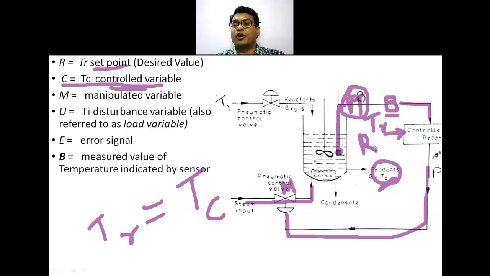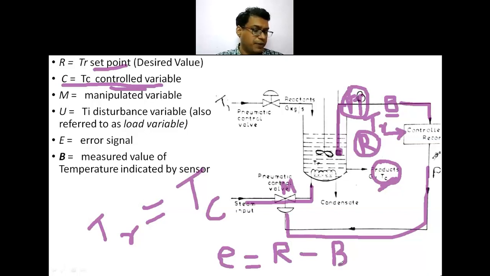This controller is already provided with a certain set point R. So if the measured value and the set point are the same, then there is no action. But if there is a difference between the measured value and the provided set point, then an error is generated, this error E, which is equal to R minus B. This is the error generation.